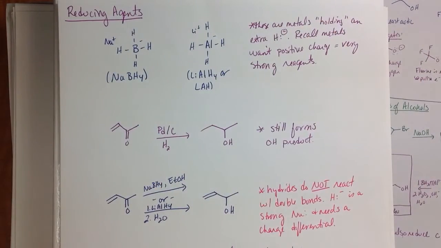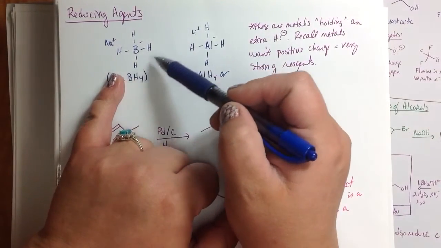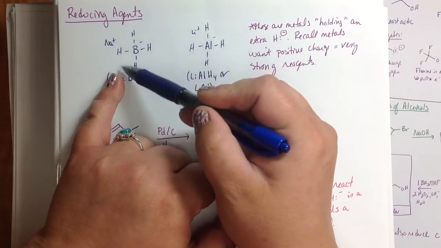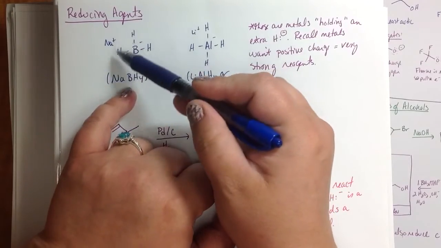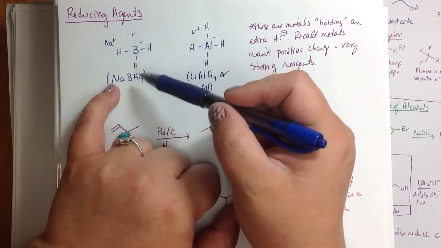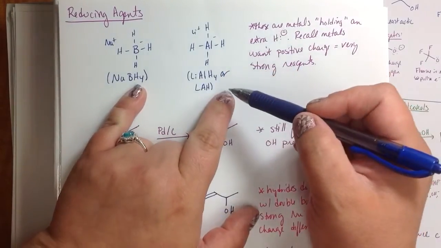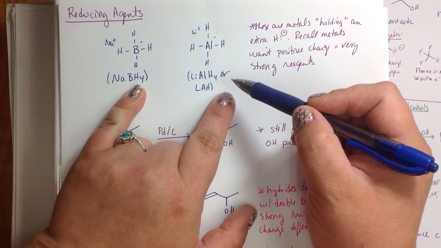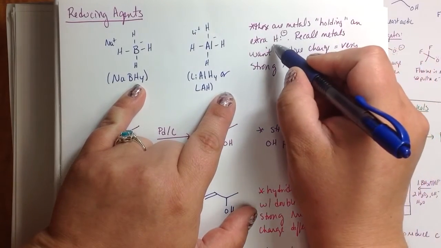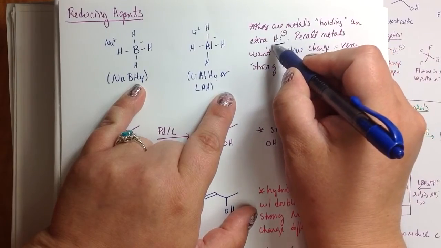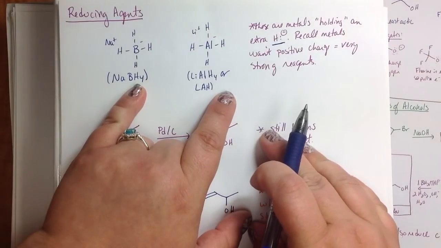Because H minus is not going to float in the middle of anything that you could actually measure, right? So this is actually sort of housing your H minus for you. So this is what's going to be a hydride. This is sodium borohydride. This is lithium aluminum hydride. And they're basically housing this guy right here, because that's what's going to come flying off as soon as it can.